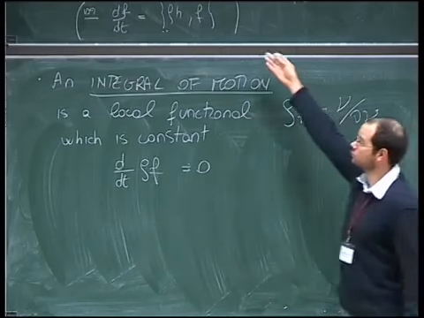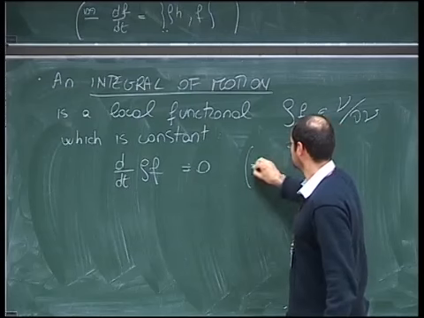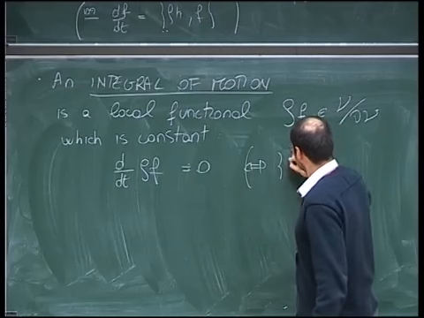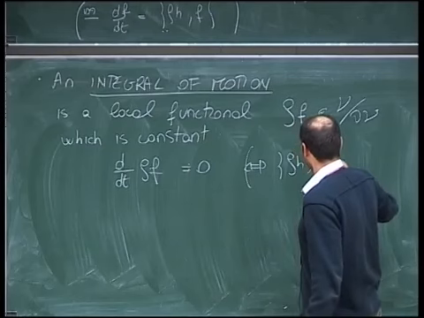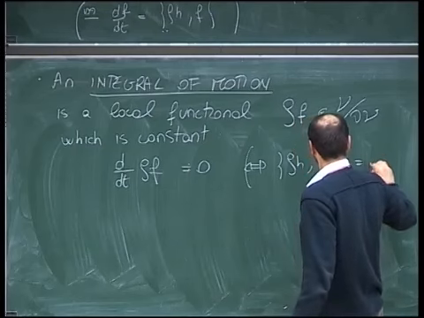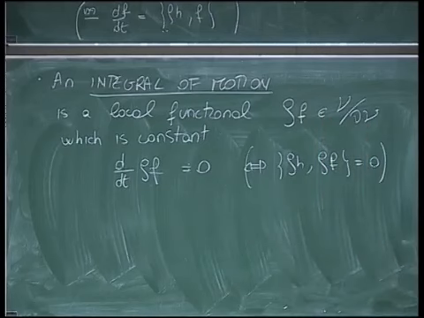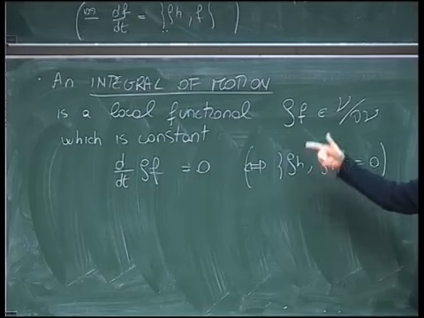And by looking at how we define the evolution, this is the same as to say that the Lie bracket of h and f is 0. So the space of integrals of motion is the centralizer of h in this Lie algebra.